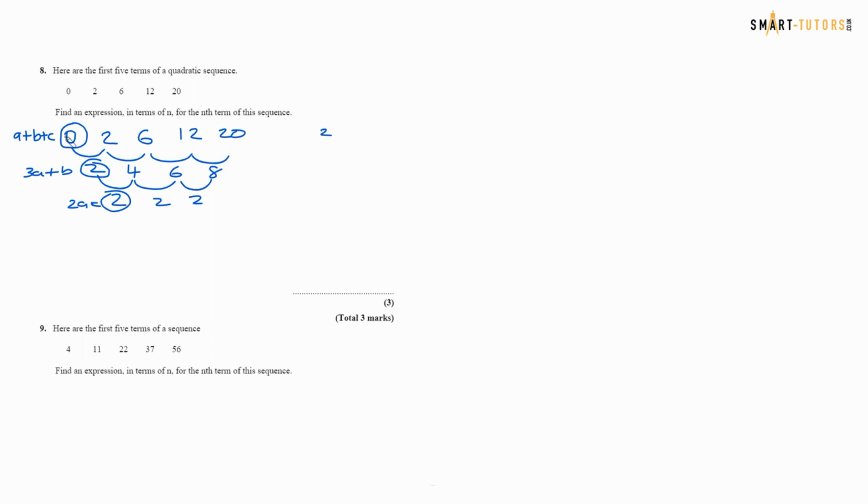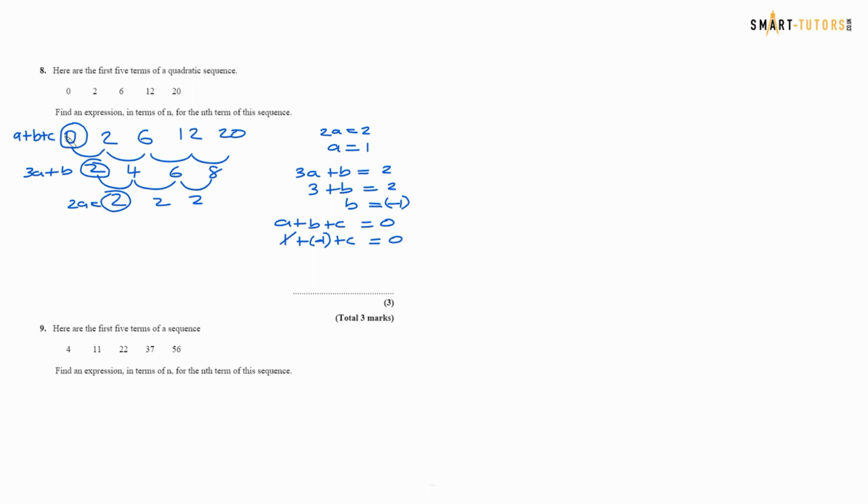So let's start working from backwards. 2a equal 2, so a equal 1. 3a plus b equal 2, so 3 plus b equal 2, so b equal minus 1. And a plus b plus c equals 0, so 1 minus 1 plus c equals 0.